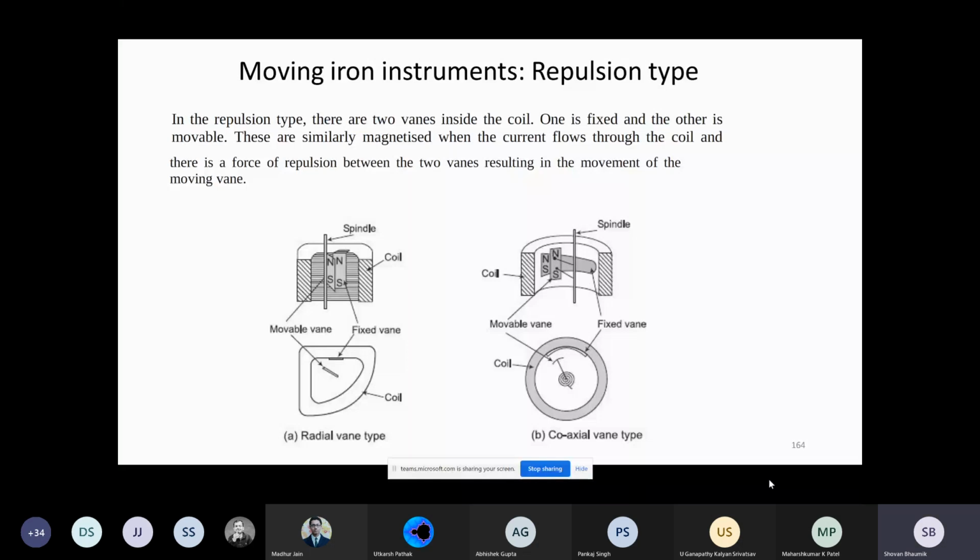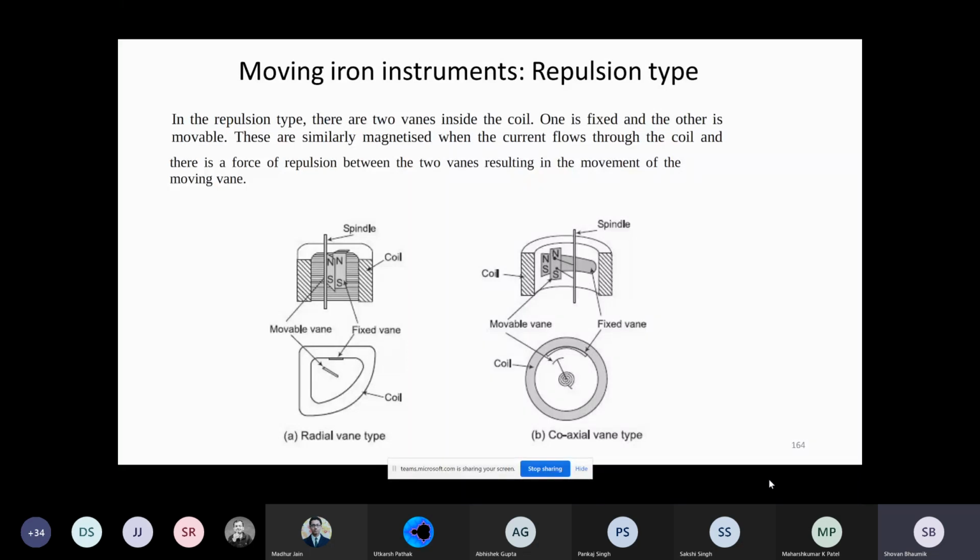in this case there will be two vanes inside the coils, and the coil will be wound on the two vanes. Here also you can see the spindle. In the spindle there is one vane which can rotate, and there will be another vane which is fixed, and there is a coil which is wound on the two vanes.